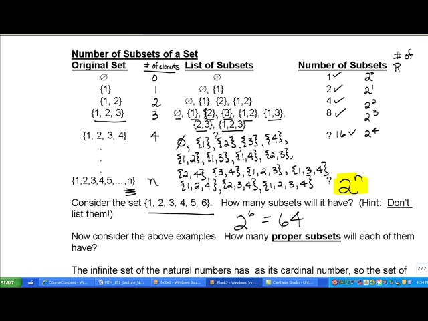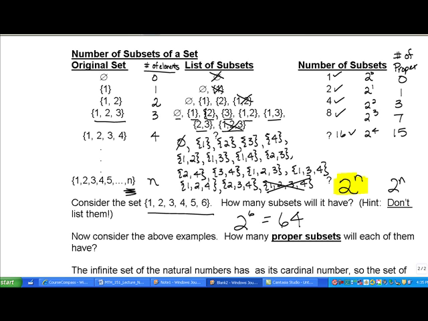Now the next question has to do with the number of proper subsets. Well, we have to eliminate the set itself. We're talking about proper subsets, so we subtract that one. 1 minus 1 is going to be 0. 2 minus 1 is going to give us 1. 4 minus 1 is 3. 8 minus 1 is 7. 16 minus 1 is 15.